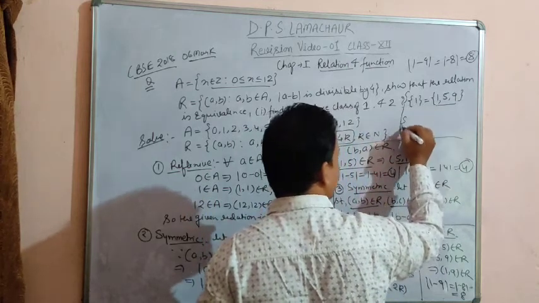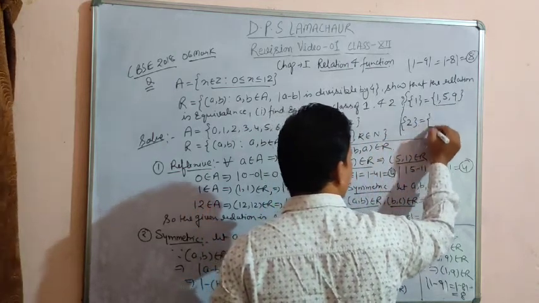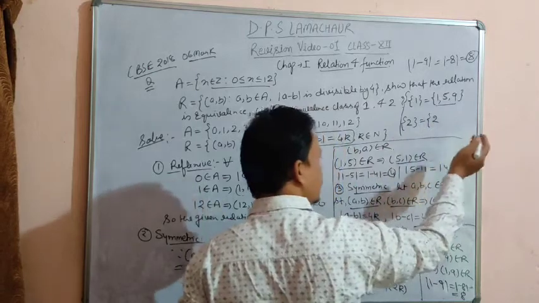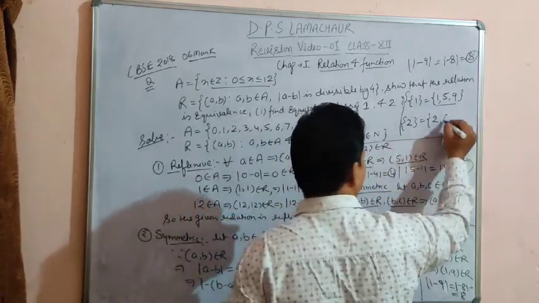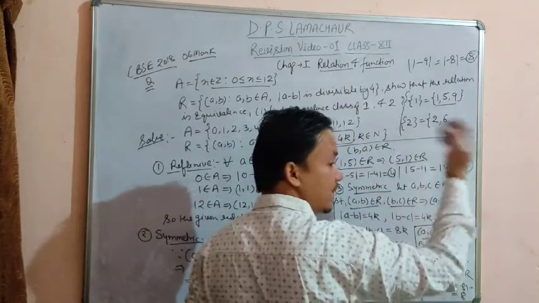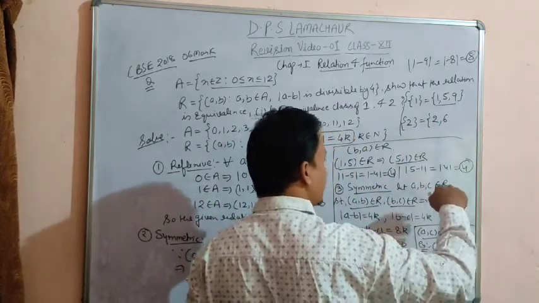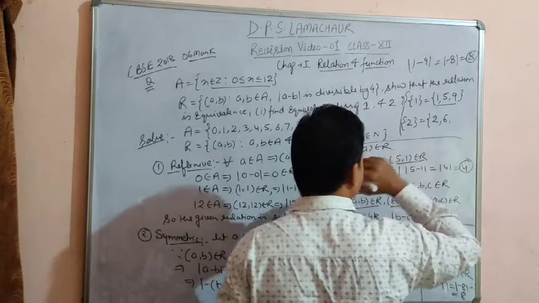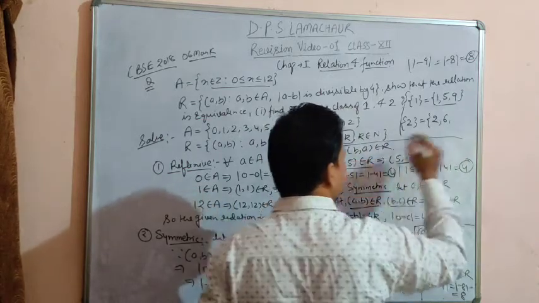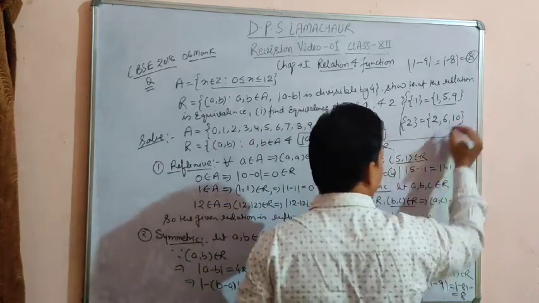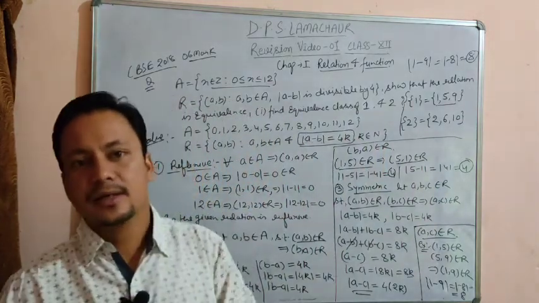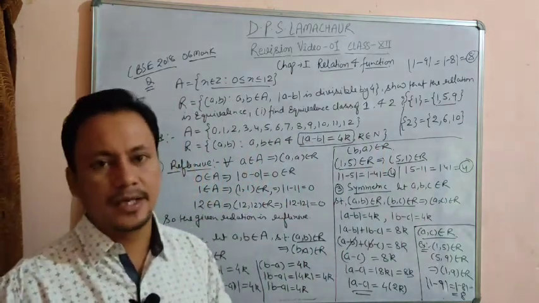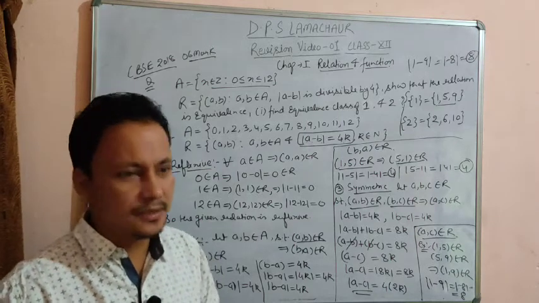Similarly, the equivalence class related to 2 is, the first element is 2 because 2 minus 2 is 0 and 0 is a multiple of 4. Next it will be 6 because 6 minus 2, or 2 minus 6, will give just plus 4. And next 10, because 2 minus 10, either you can write 2 minus 10 or 10 minus 2, it will always give 8, and 8 is a multiple of 4.